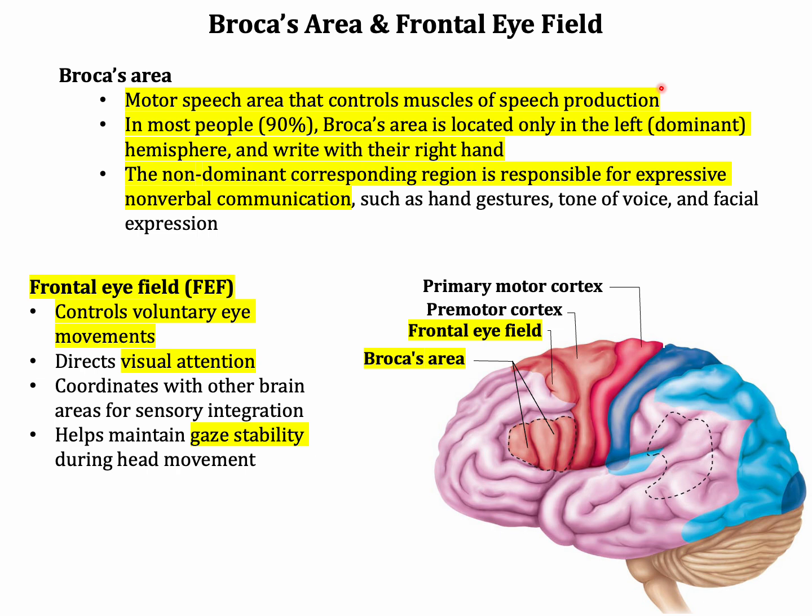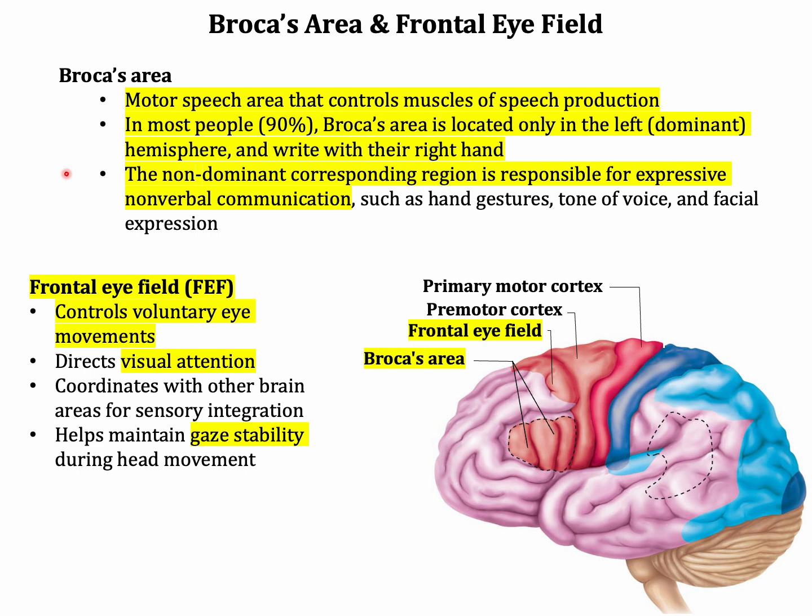Call it the dominant hemisphere because of that correlation of about 90% of people having the Broca's in the left. And along with that, individuals write with their right hand. So there is that correlation with language and language expression, all due to that contralateral establishment in the brain.